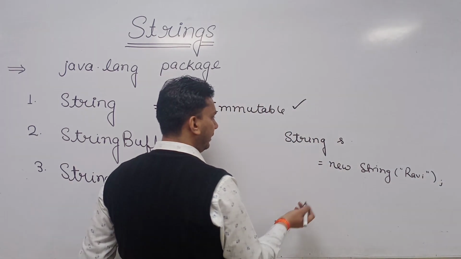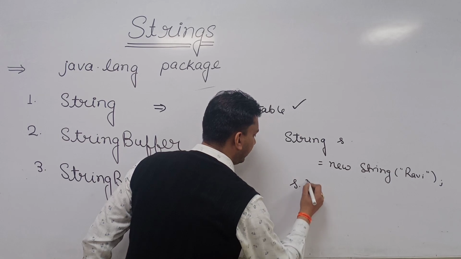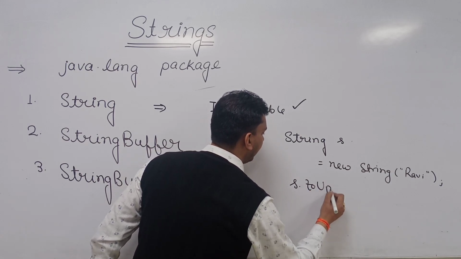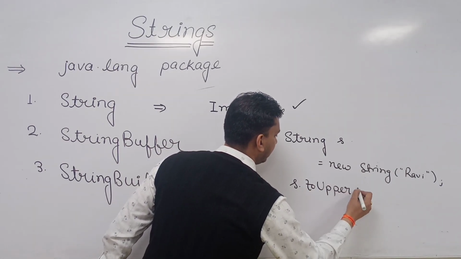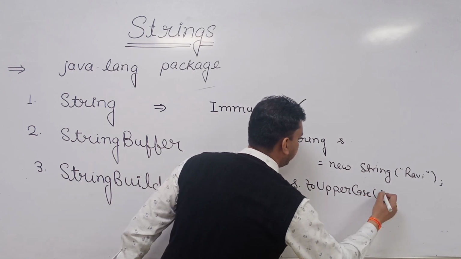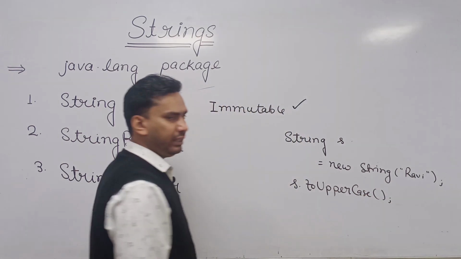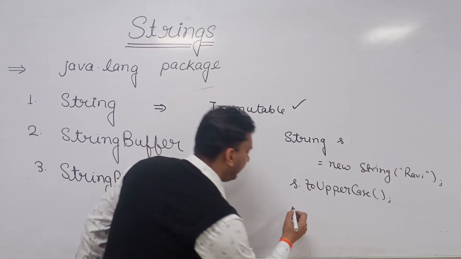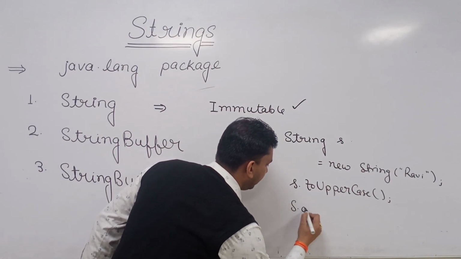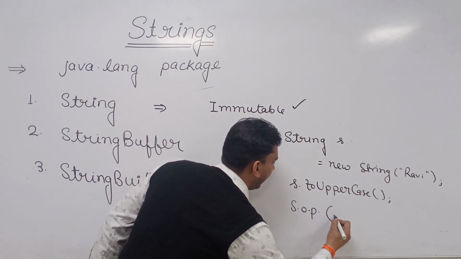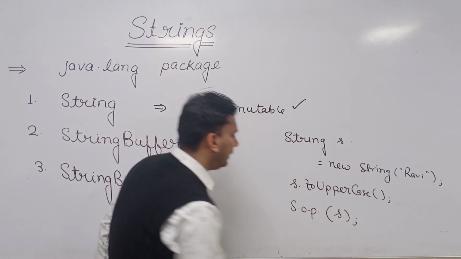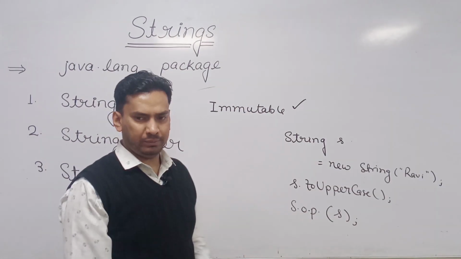Now you are writing s.toUppercase. toUppercase is a predefined method in the string class. Now I print s. What is going to be the output?